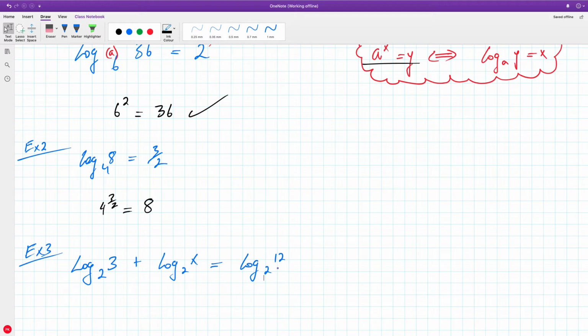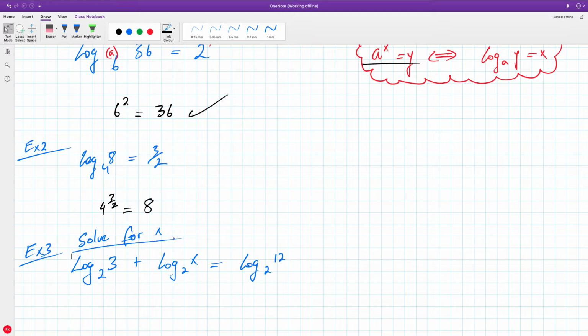Can you get me an answer for x? Solve for x. So the first rule, you're going to use it in reverse.